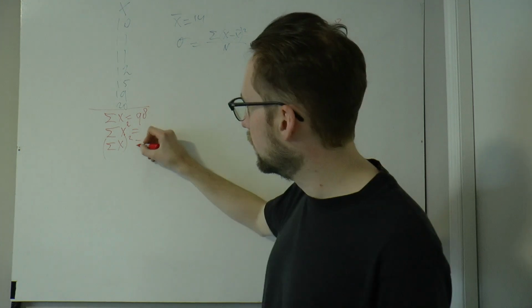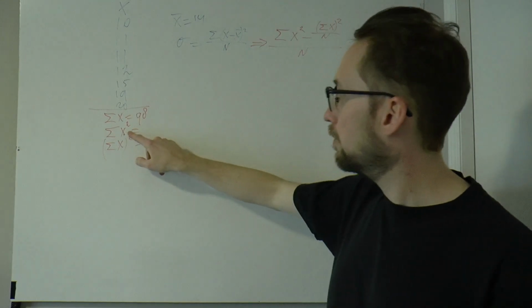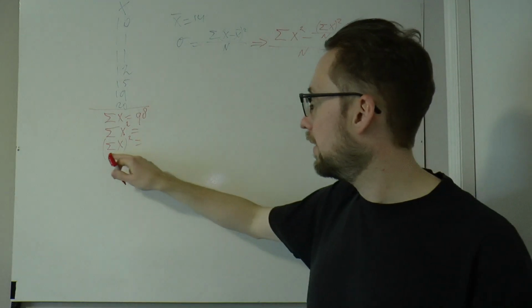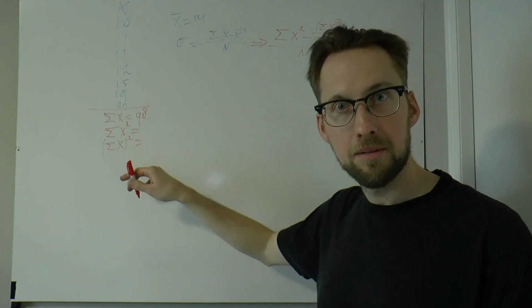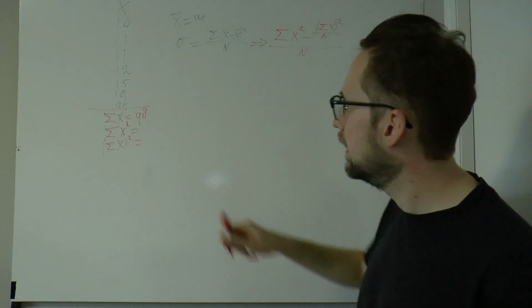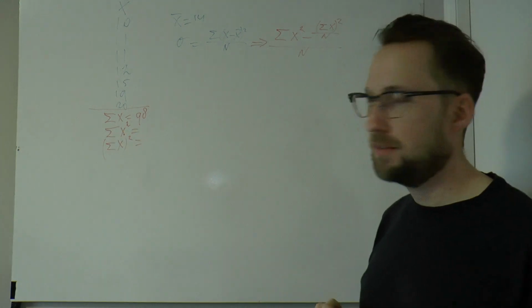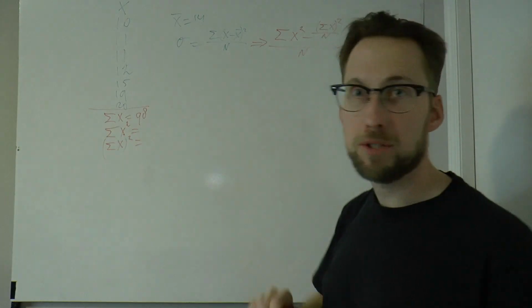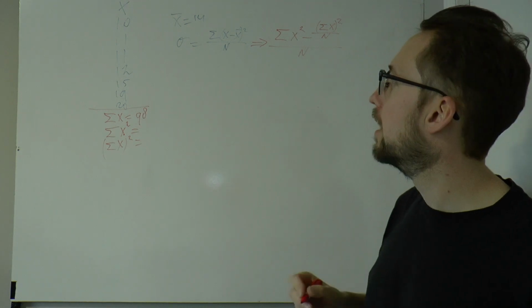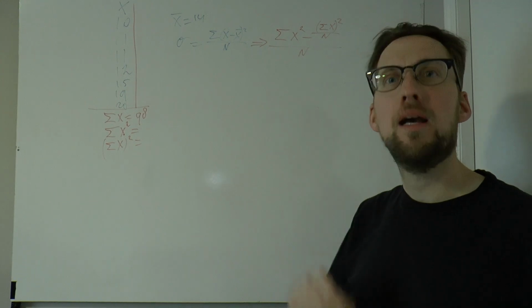Now I know this looks super confusing, and you may think they are the same thing, but they're not. What's the difference? The sum of all squared x's simply asks you to square every observation and then add them up.